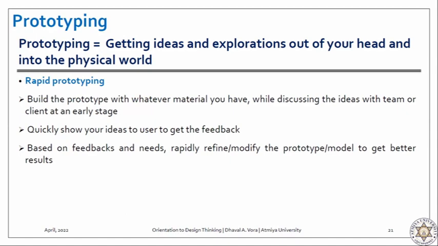Quickly show ideas to users to get the feedback. It is all about feedback. It means the faster you get the feedback, the faster you can have better versions of your product. Based on feedback and needs, rapidly refine and modify the prototype or model to get better results.